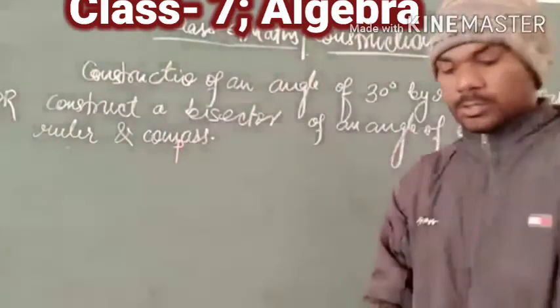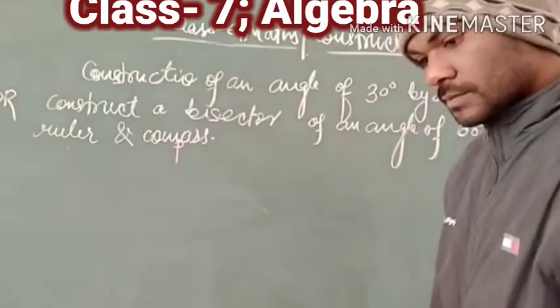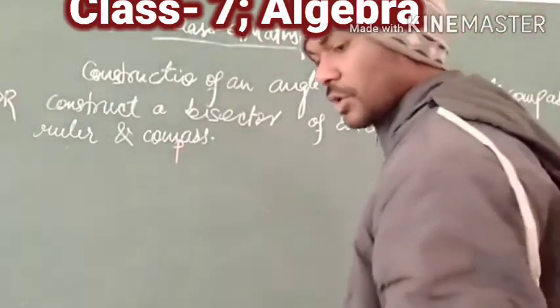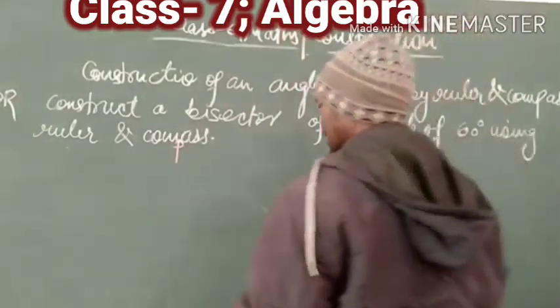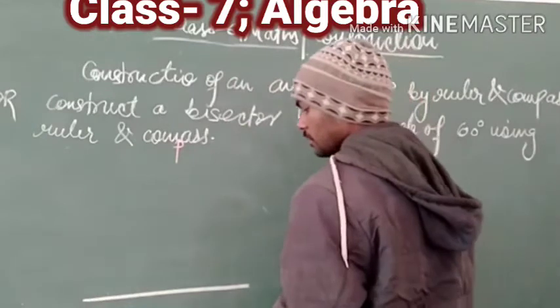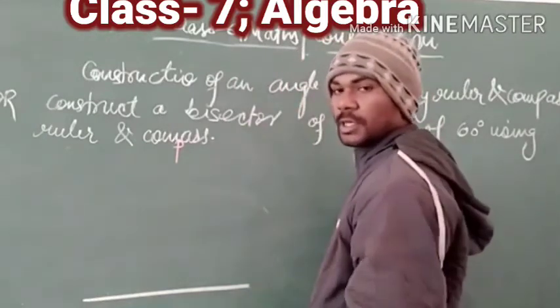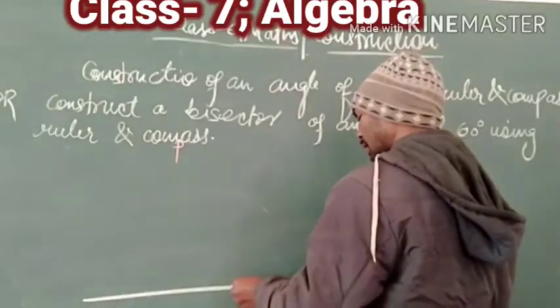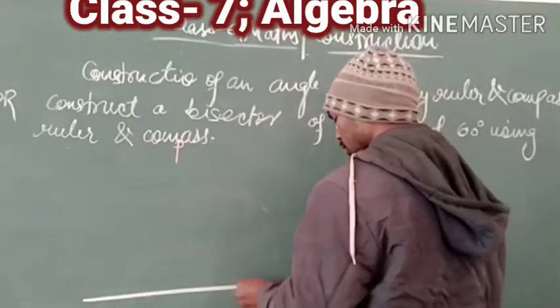So let's start. First of all, construct an angle of 60 degree, and in order to construct an angle of 60 degree, first of all we shall draw an angle of 60 degree.